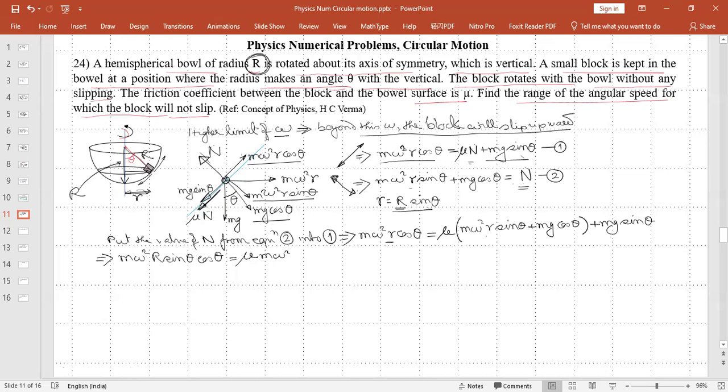This small r is again equal to capital R sin theta, so it will be capital R sin squared theta, plus mu mg cos theta plus mg sin theta.